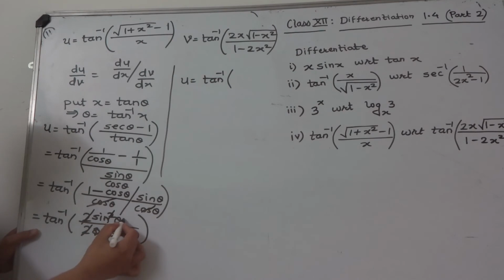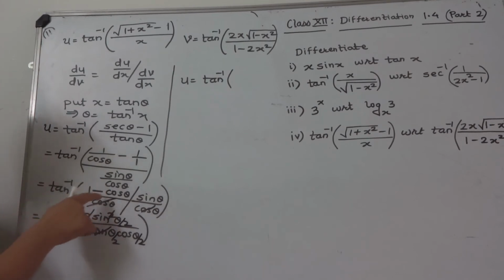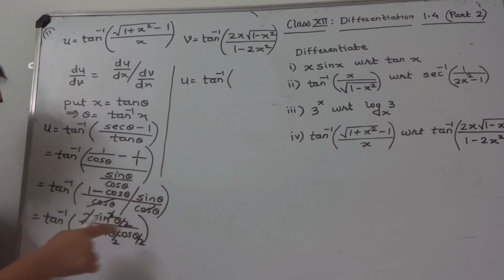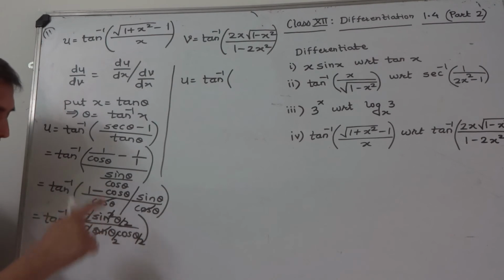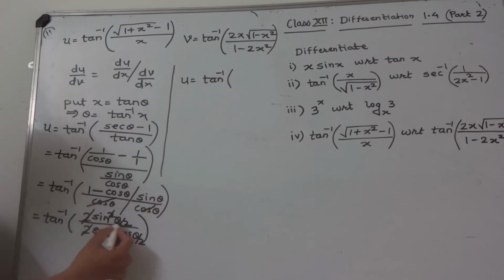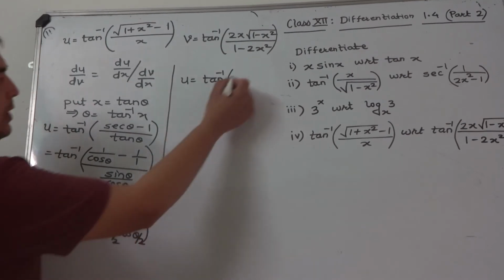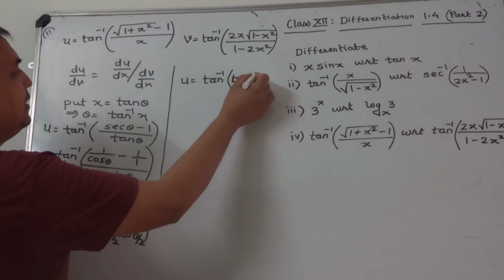what do we get? This is 2 sine square theta by 2 and 2 sine theta by 2 cos theta by 2, half angle formula. This is 1 minus cos theta, so it is 2 sine square theta by 2, and sine theta is 2 sine theta by 2 cos theta by 2. So what do we get? Sin theta by 2 upon cos theta by 2, that is tan theta by 2.